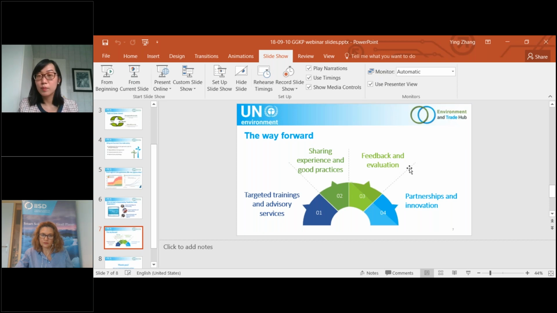And finally, it's also partnerships and innovation. As I just explained, we need to bring different stakeholders into the discussion. And by bringing different perspectives, we believe that we would be able to find more innovative approaches, not just through the text of the agreement, but also the ways that we can work together and communicate with each other in the environment and trade in a more mutually supportive manner.